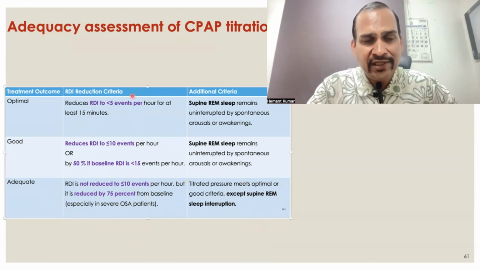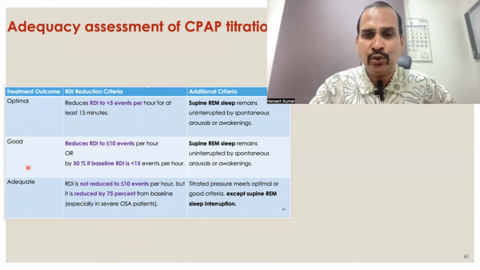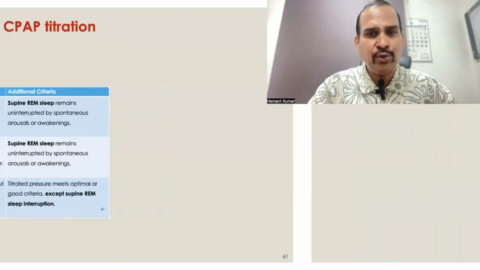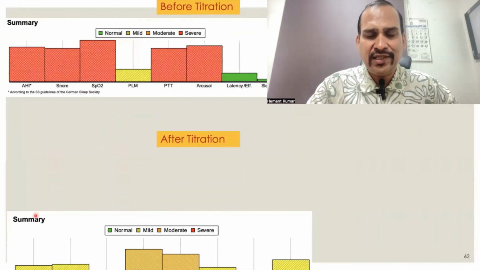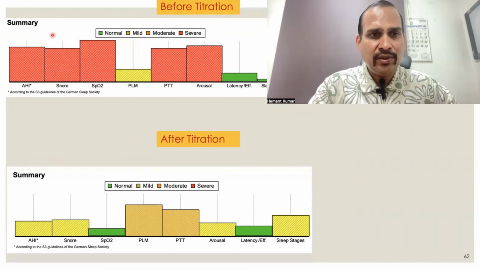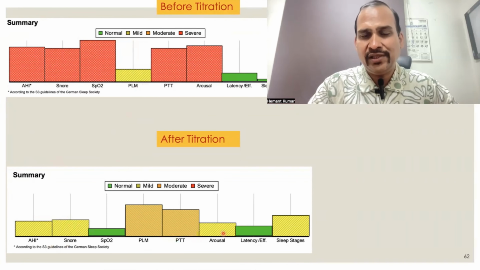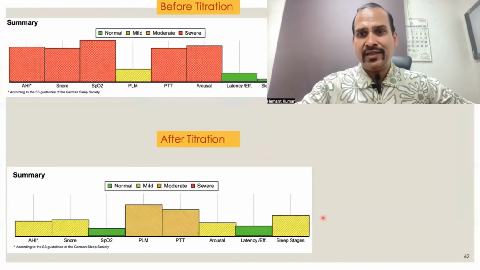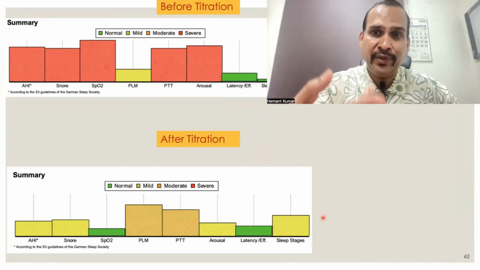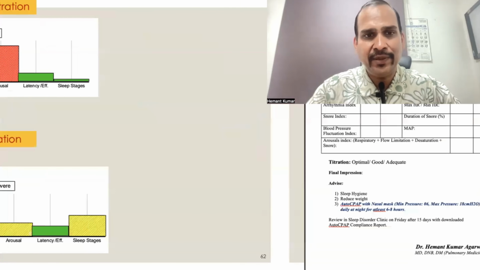So we have to classify our titration in these three terms: optimal, good or adequate. So you have to remember this definition. So this is again eyeballing. Red becomes yellow and green. By seeing this chart, we can see that you have improvement by CPAP titration.